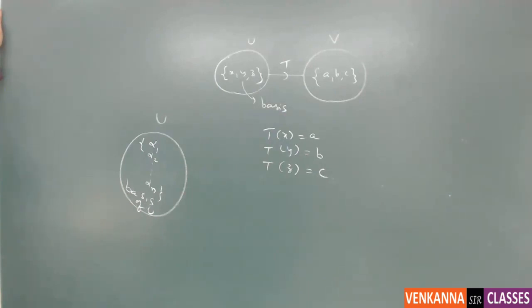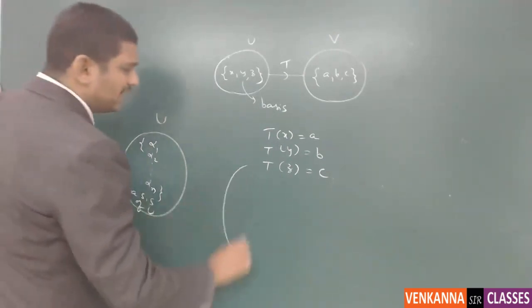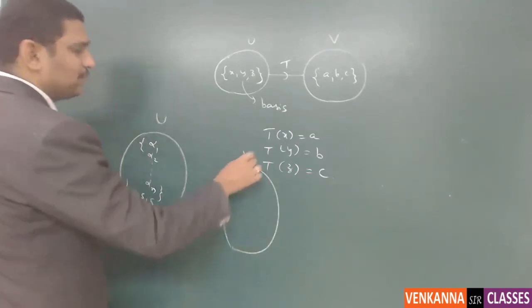N vectors in U. So, what is the dimension of U? N. Now, if you take V, you can take any vectors in V.